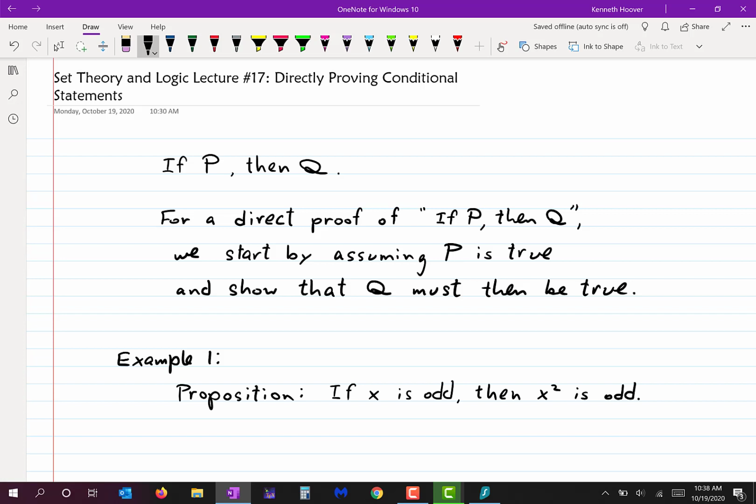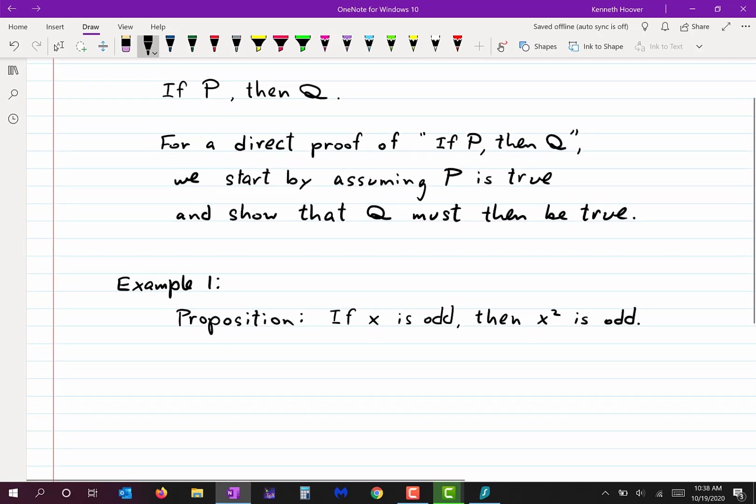Okay, so this is a fairly straightforward thing. If x is odd, then x squared is odd. All right, so we're going to do a direct proof of this. So here's what we do. I'm going to write proof here. And please pay close attention to this lecture. If you develop bad habits now, it is going to be a repeated source of problems for you in your math classes.